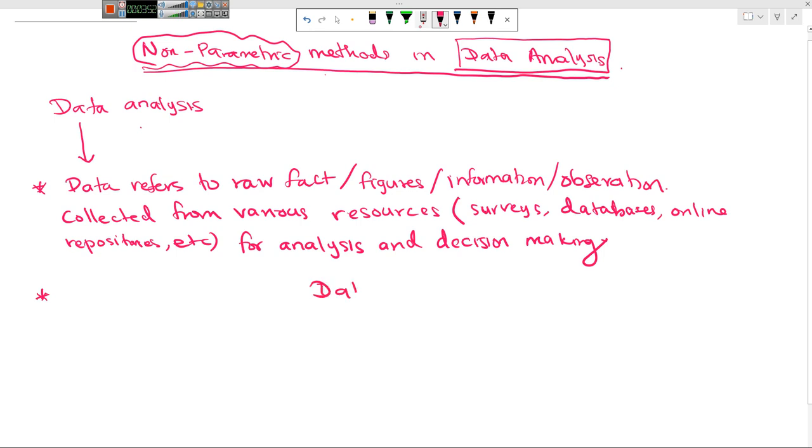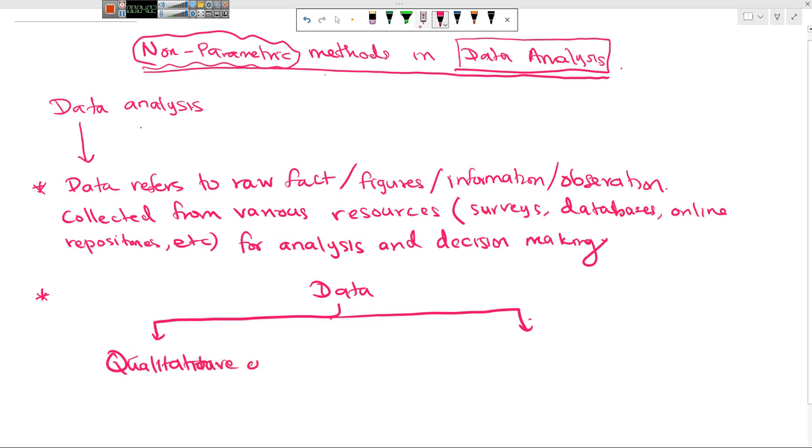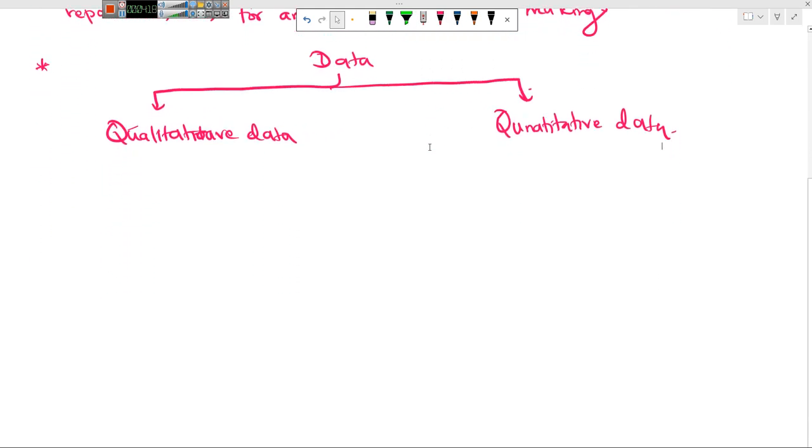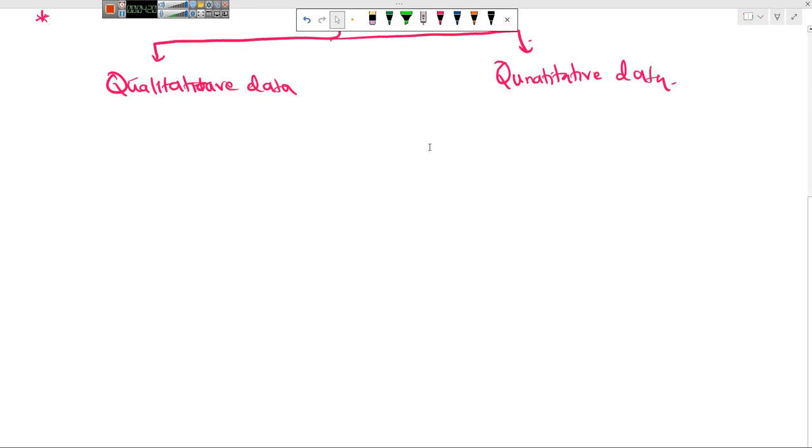So the next point is, now we can classify this data into two major groups, right? So data classification. So we have two types of data. The first type is qualitative data, and the second category is quantitative data. Now we will try to understand the key differences between qualitative data and quantitative data.